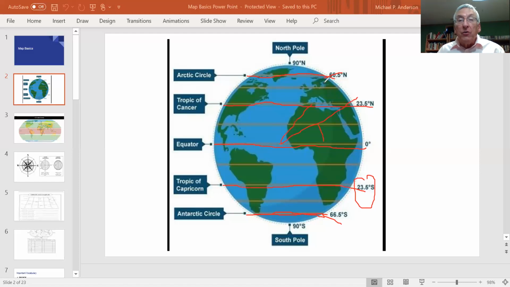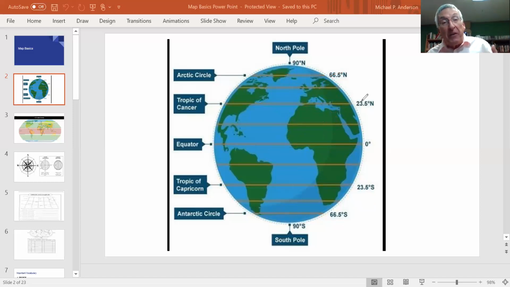From the center of the Earth to this point, 66.5 degrees. Aren't you glad you had geometry so you know all this stuff? And from the center of the Earth to the North Pole, you have a right angle, you have 90 degrees. Oh, yeah. Glad we have that geometry. Good stuff. Okay. So that's what's going on there.